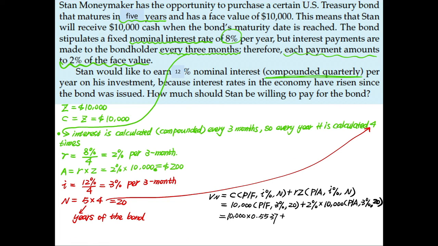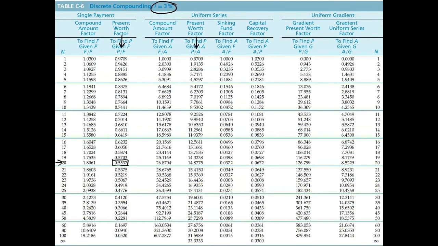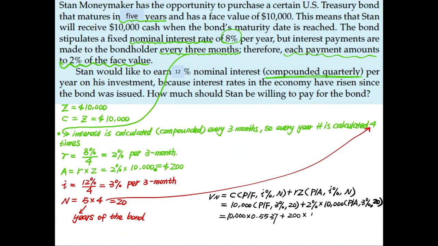Another part of the equation is 2% times 10,000, which is 200, times the factor P/A with N equal to 20, so that is the factor, 14.8775. So the final is 8,512.5. So that is the maximum price you want to pay for this 10,000 bond coupon.